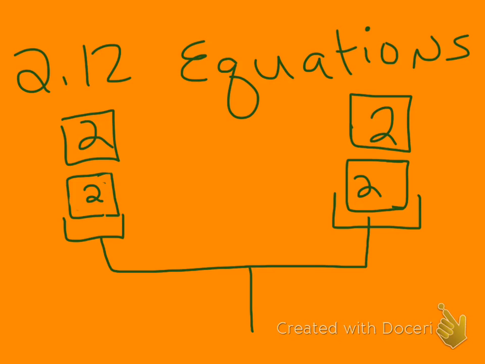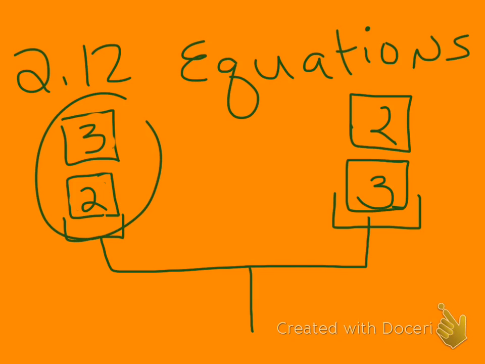Let's do another analogy here with equations. What if I had a 3 pounds and a 2 pounds, and I had a 3 pounds and a 2 pounds? Does it matter if I have them on top of each other? No, because they have a total of 5 on this side, right?